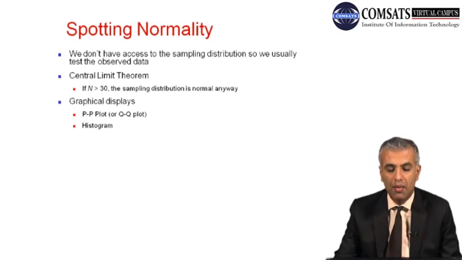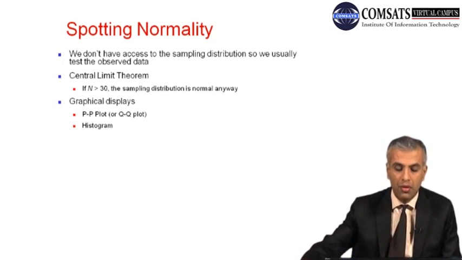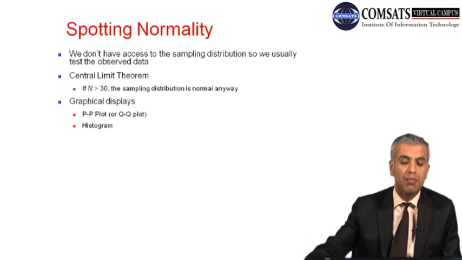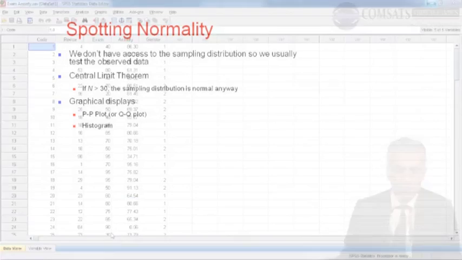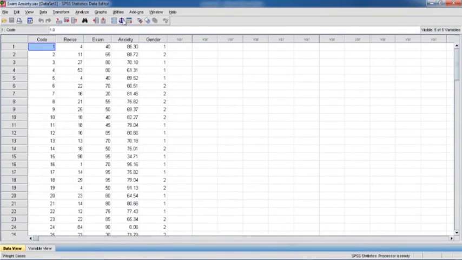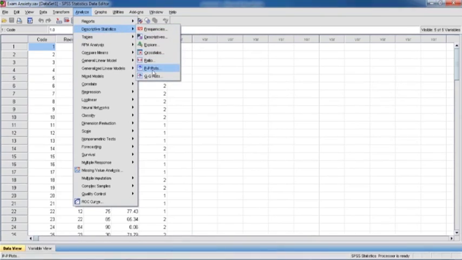Now we can have a look at how to draw this PP plot. All you have to do is go to Analyze, then Descriptive Statistics, and then P-P Plots.